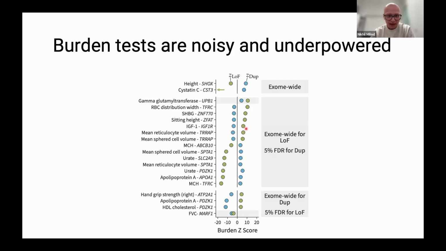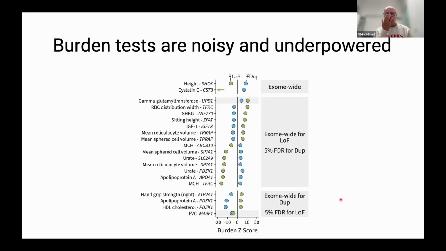These are called monotone curves. But you'll also see there's two examples here where deleting and duplicating the gene has the same effect on the trait. It's in the same direction. And this is called a non-monotone relationship. So these are interesting patterns, I think.